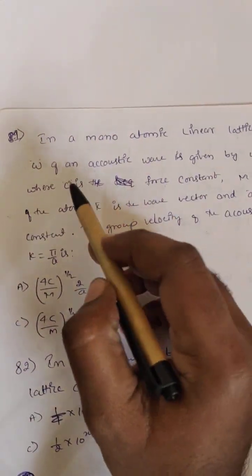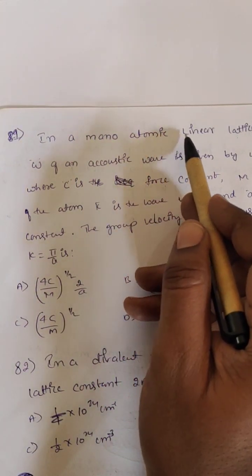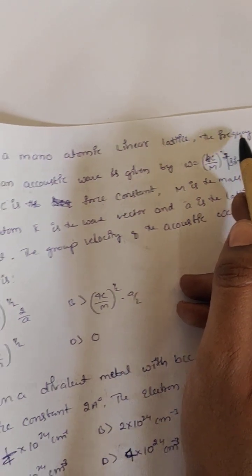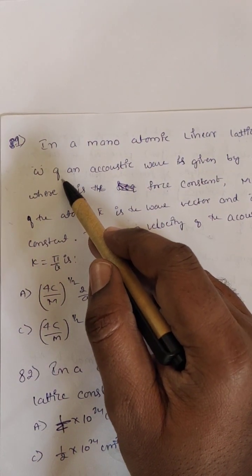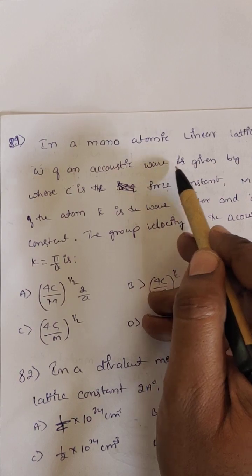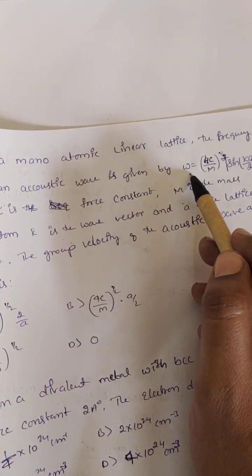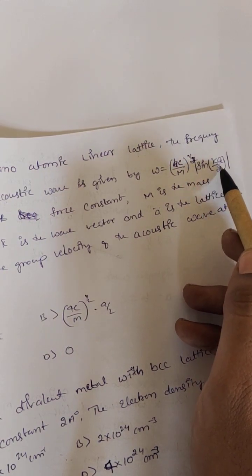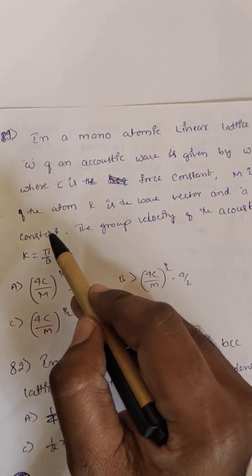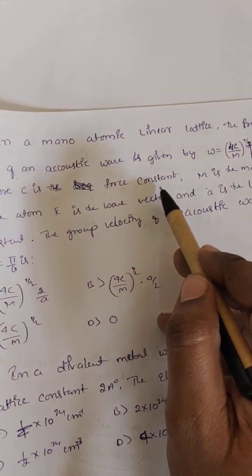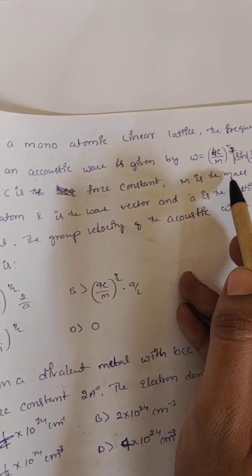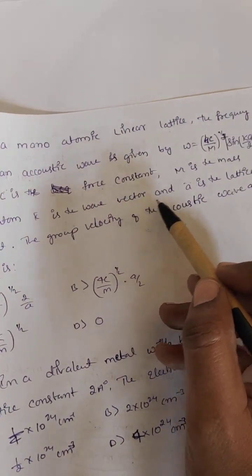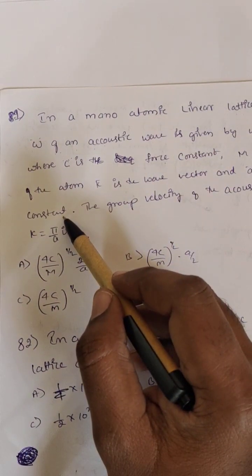So next question: in a monoatomic linear lattice, the frequency omega of an acoustic wave is given by omega is equal to (4c/m) to the power 1 by 2 sin(ka/2), where c is the force constant, m is the mass of the atom, k is the wave vector, and a is the lattice constant.